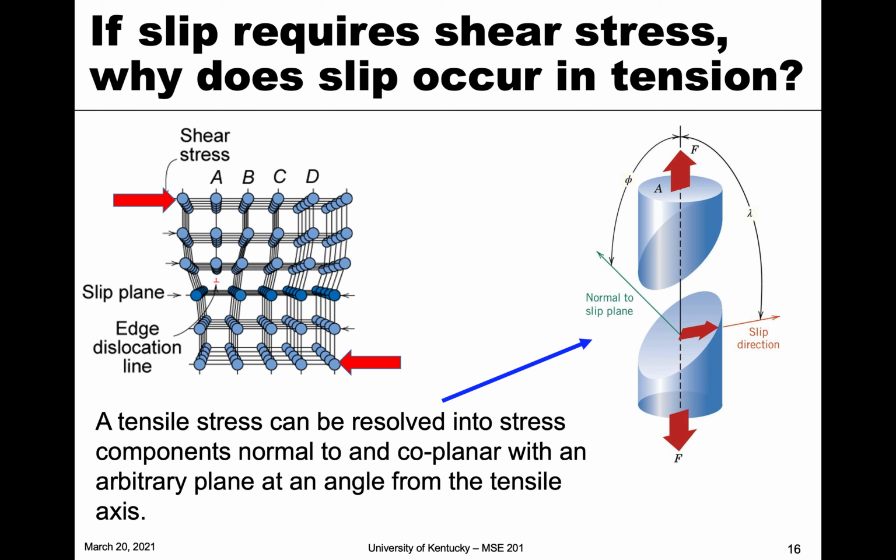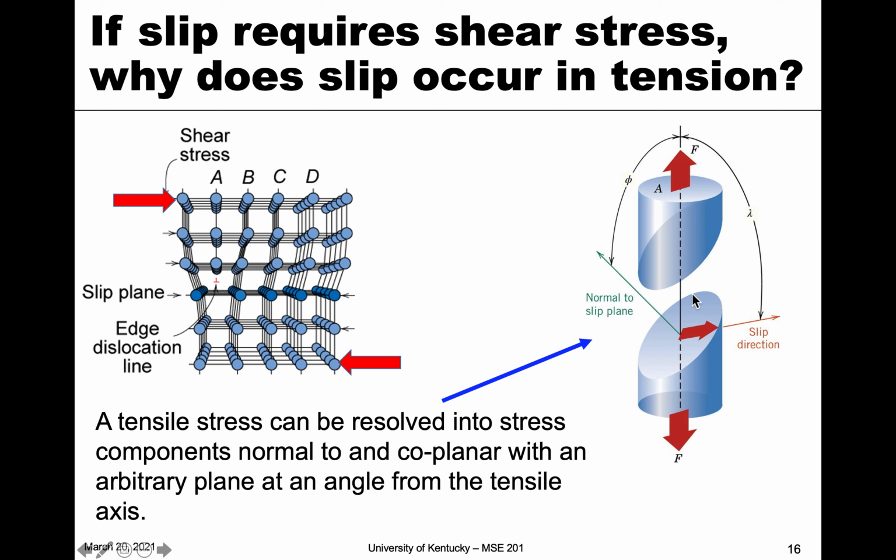And it can do that because we can take a tensile stress, so the force applied to this bar here, perpendicular to the cross-sectional area, and we can resolve it into stress components normal to and coplanar with any arbitrary plane at an angle from the tensile axis.